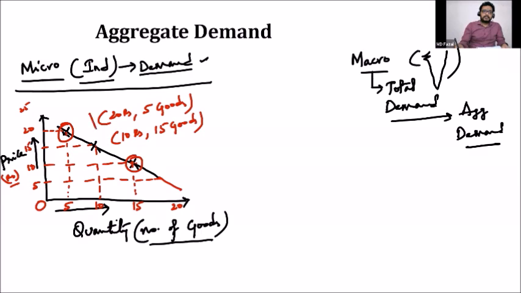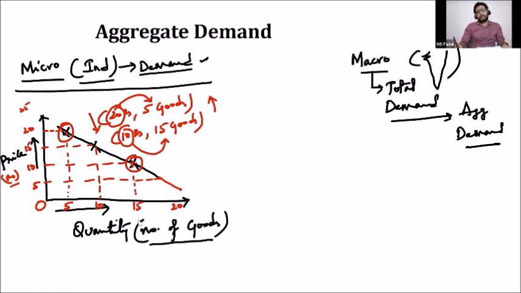Price is reducing, the number of goods are increasing. For 20 rupees, you are getting only 5 goods. But for 10 rupees, you are getting 15 goods. So what do you conclude from this? It is an inverse relationship. Very good.